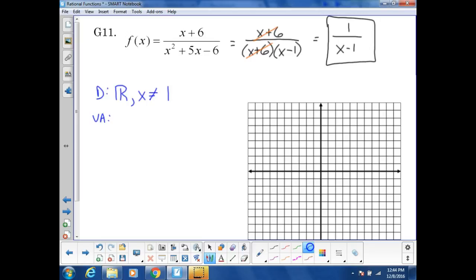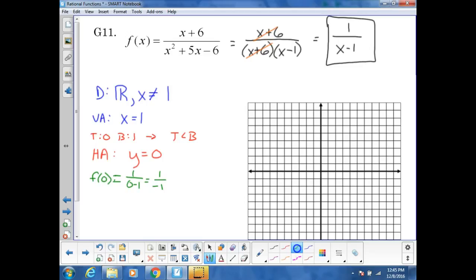So vertical asymptote is x equals 1. Top is 0. Bottom is 1. That is, top is less than bottom. So that gives me a horizontal asymptote of y equals 0. F of 0 is going to be 1 over 0 minus 1.